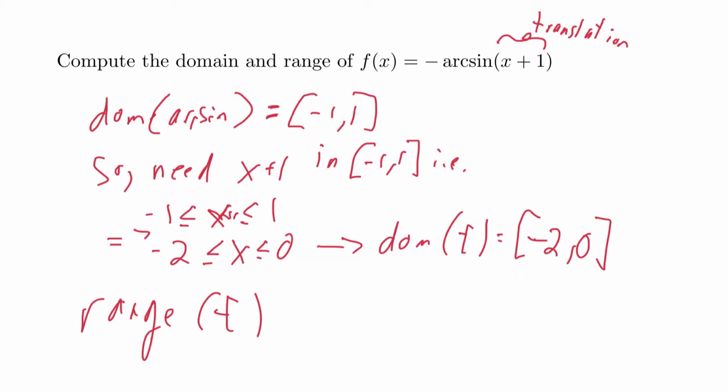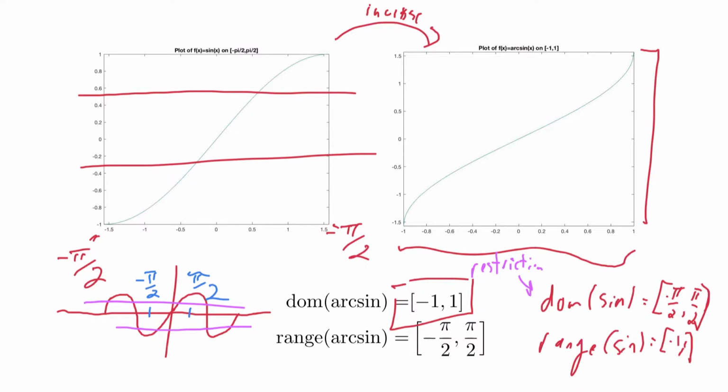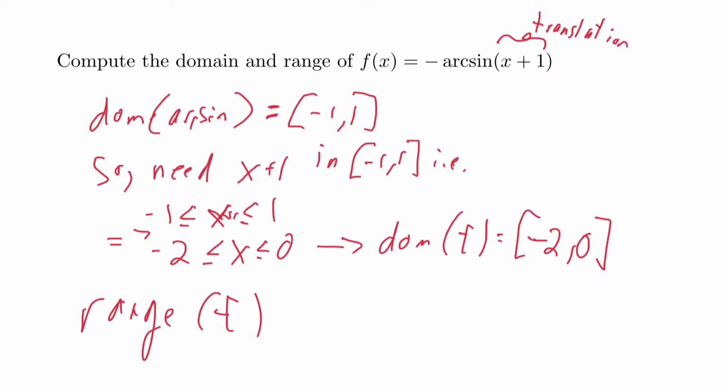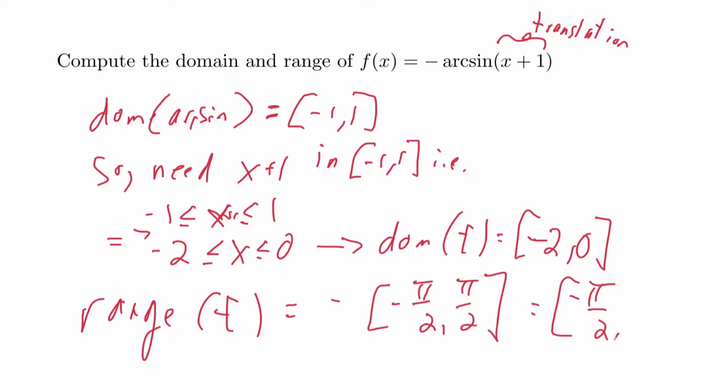So what was the range of arcsine? It was minus pi over 2 to pi over 2. So the range of f is what I get when I take that interval and stick a minus sign out front of it. So it stays the same. My range doesn't change in this case. Only the domain does.